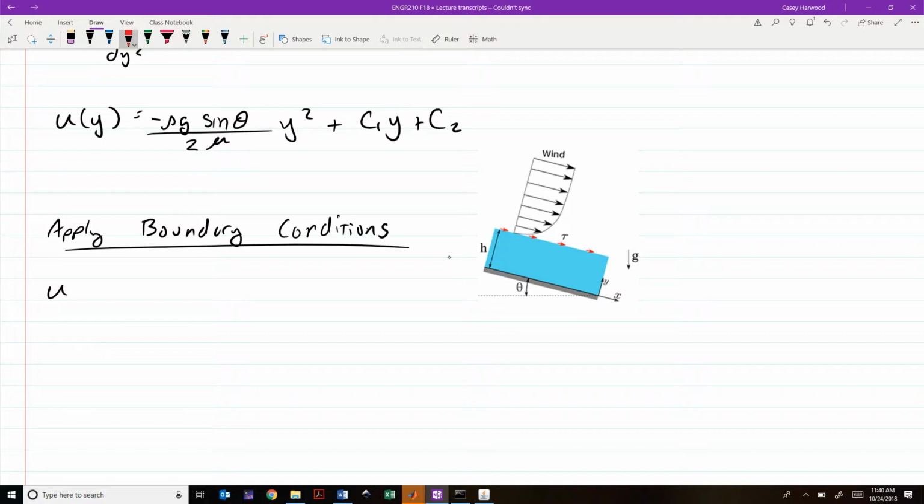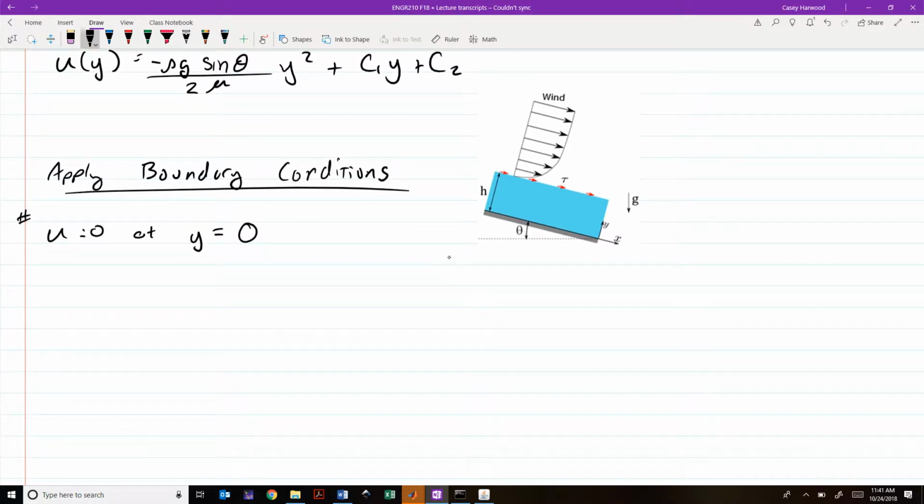Yes, it's 0. It's up against a surface, so the velocity has to match the velocity of the surface. If that surface is fixed, the fluid has to remain fixed as well. And so we can say u equals 0 at y equals 0. So that's boundary condition number 1.